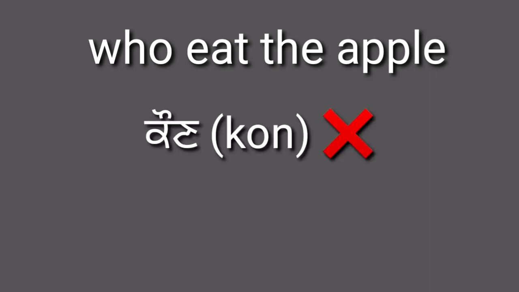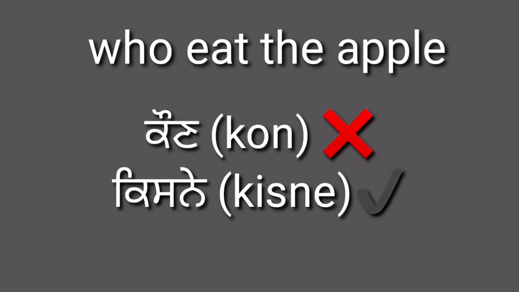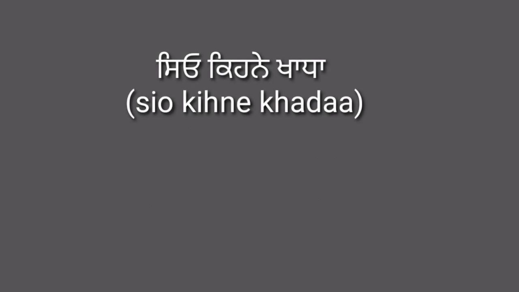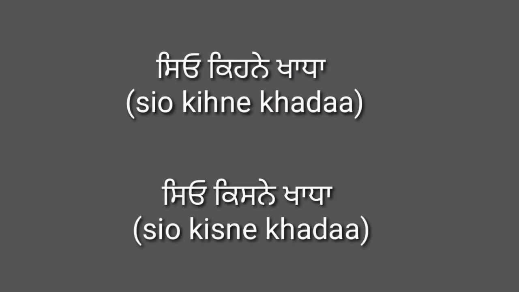If you wanna say who ate the apple, in this case you won't use kaun. If you use kaun, this is going to be wrong. It's going to be kesne or kene. The kesne and kene are the same thing. So in Punjabi, it's going to be seo kene khada, or seo kisne khada.